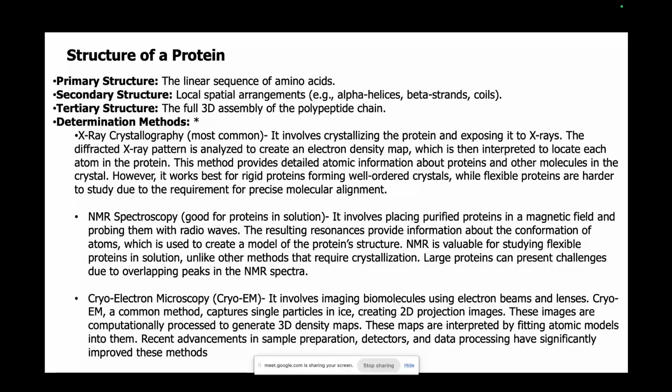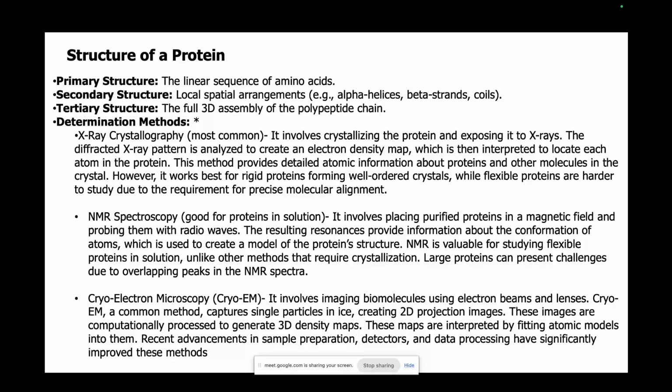What you're getting is a very high quality electron microscope image. Basically, you're getting an overall density of the different molecules that are present in the particular set of compounds that you're trying to get the structure of.